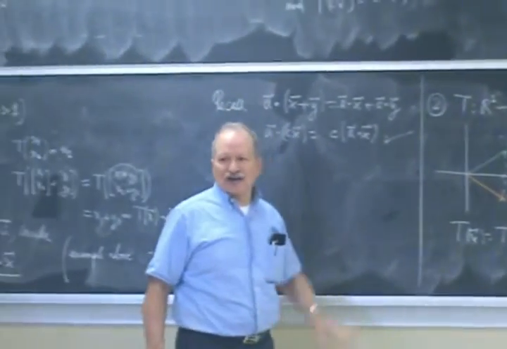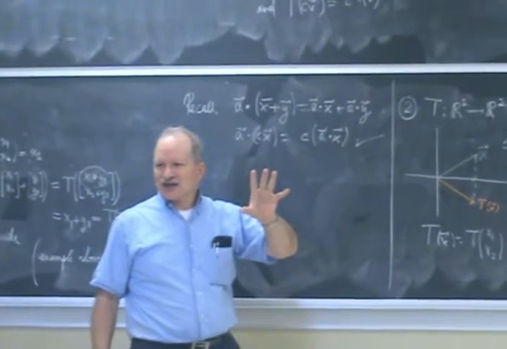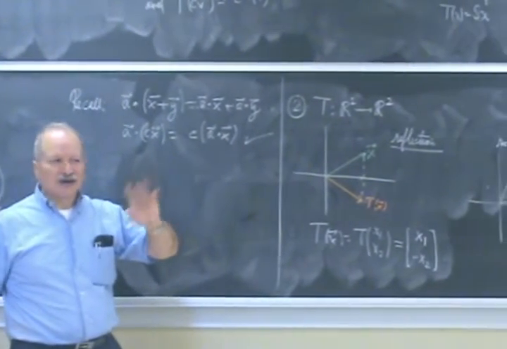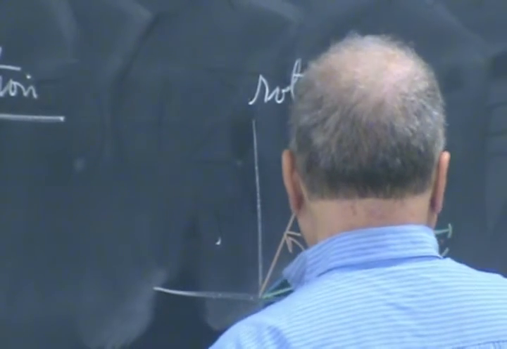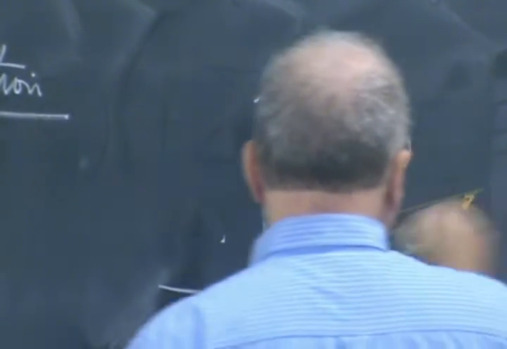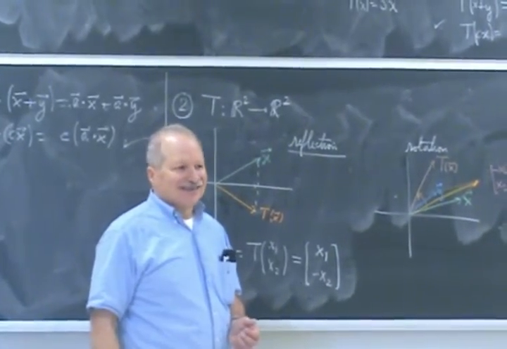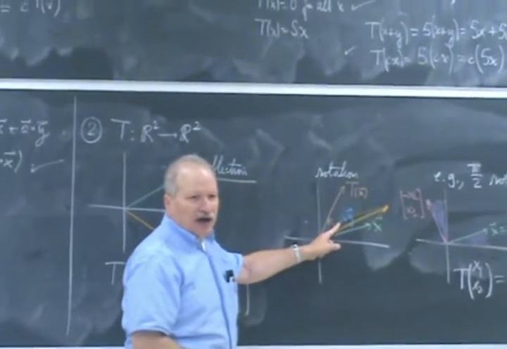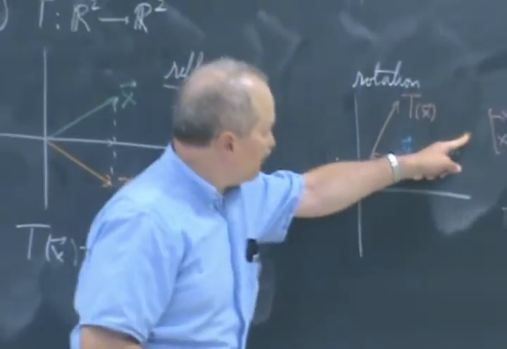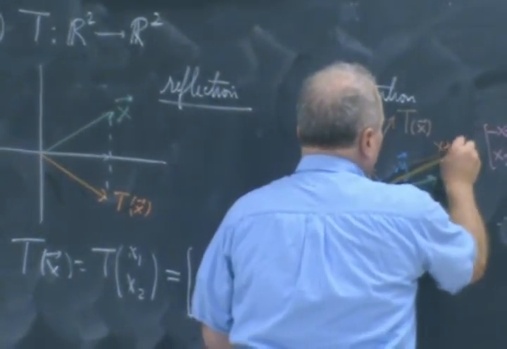Can you see geometrically why rotation should be linear? What if I took an x and I took a y, and then I took x plus y? You just rotate it too. What happens if I do T to this picture? You just rotate that. Well, now forget the algebra. If I rotate x and I rotate y, what happens to the vector x plus y?